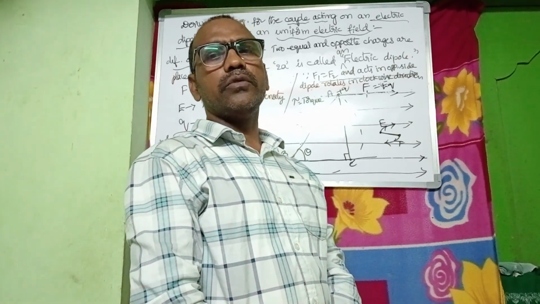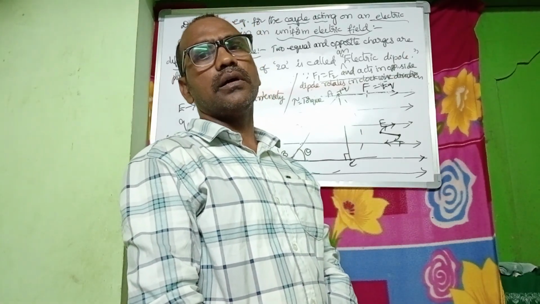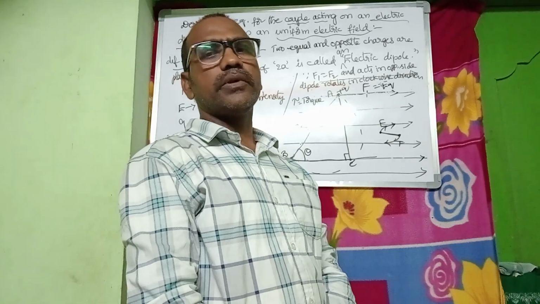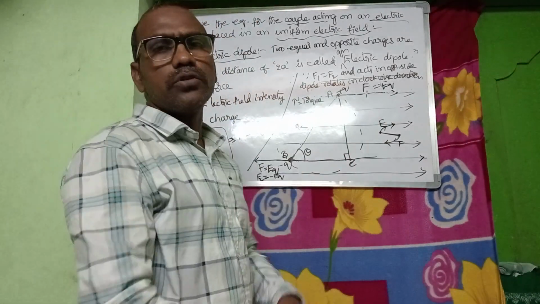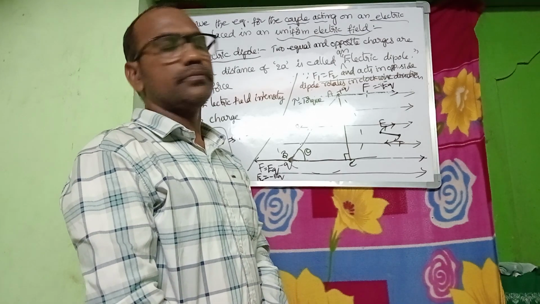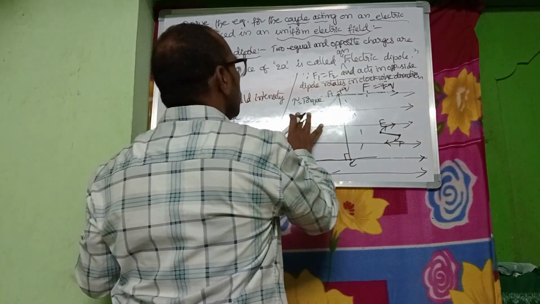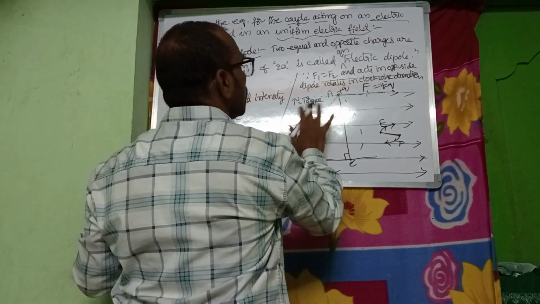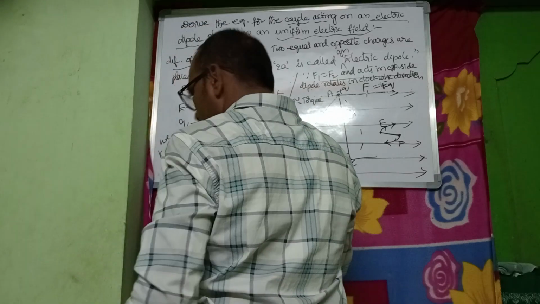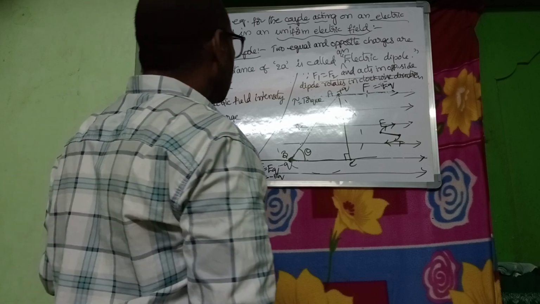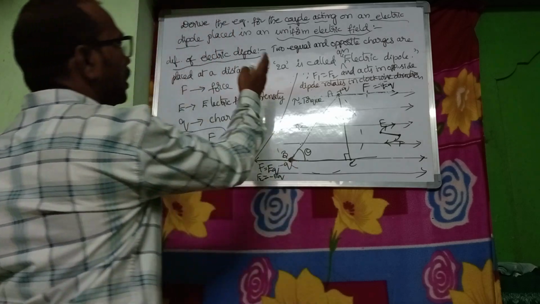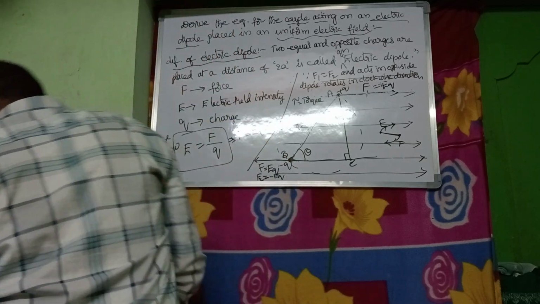We studied about torque already in the previous classes, that means in intermediate first year. So the torque produced is nothing but couple. Okay, copy this one. I will give the derivation, equation 8. Copy this one.